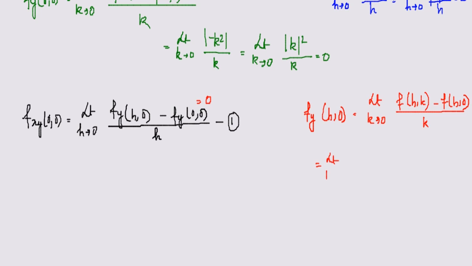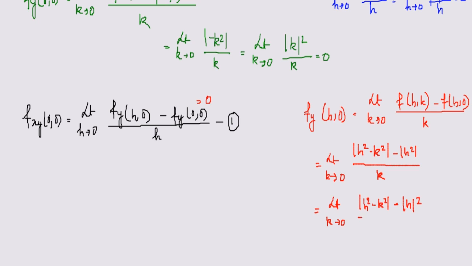From here we can write the limit as k tends to 0 of [|h² - k²| - |h²|]/k. Taking the square out of the mod, this is |h| whole square by k.